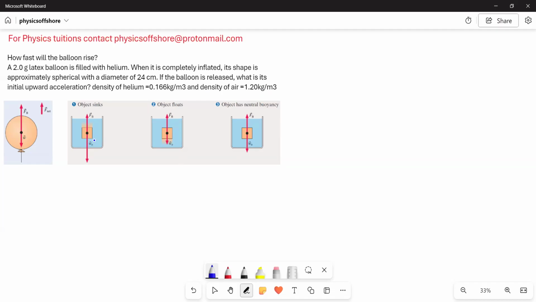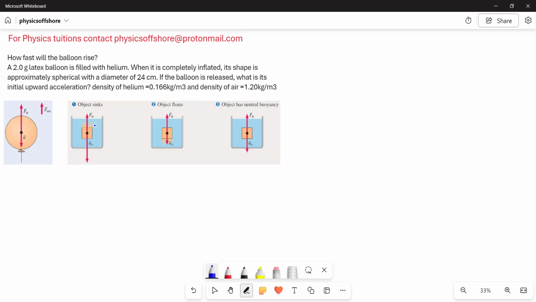If an object is placed in a fluid and its weight is more than the fluid it displaces, then it sinks. For example, if you take this one, the weight of this object is greater than the fluid it displaced. Therefore, it sinks.